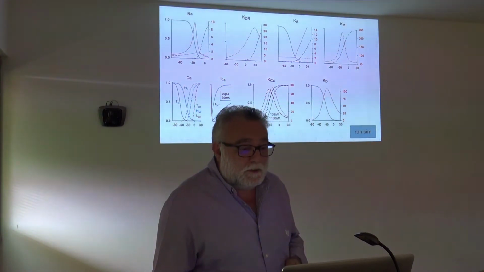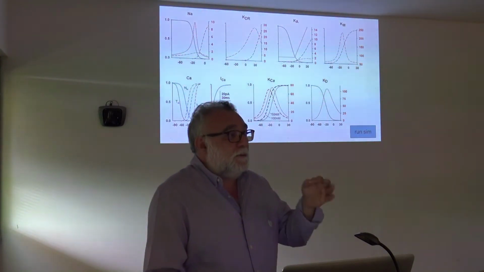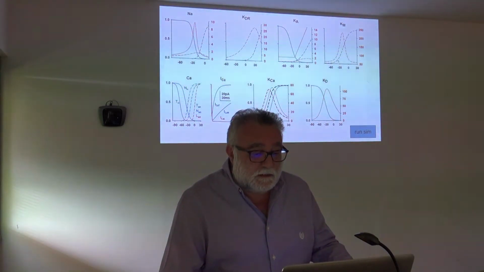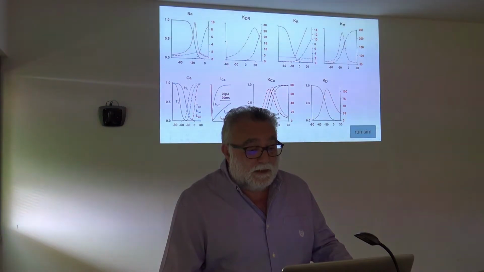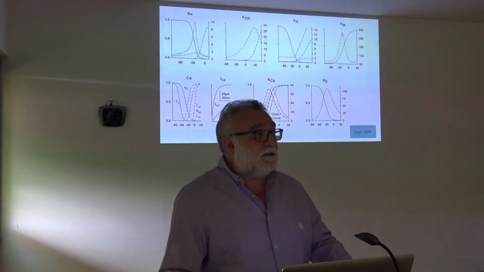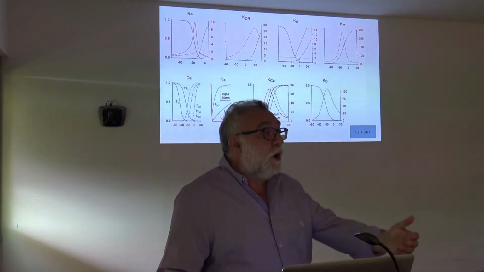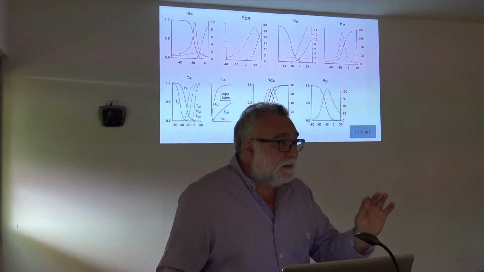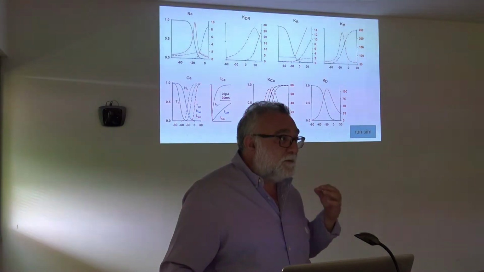Okay? So what happens is that at each action potential, there is a kind of hysteresis. The channel tries to open, but then it goes back, and it takes 250 milliseconds to go back to the original value. So it remains open a little bit with respect to the previous spike.